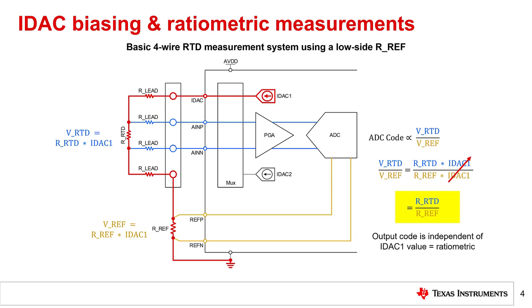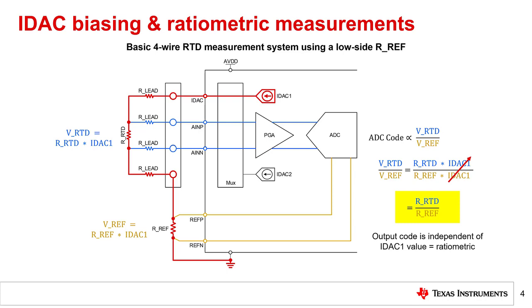All subsequent diagrams and analysis in this Precision Lab series on RTDs use a ratiometric reference. An absolute reference voltage can be used but is not recommended for RTD measurement systems. One additional consideration for a ratiometric reference is that the RREF term should be a constant value.